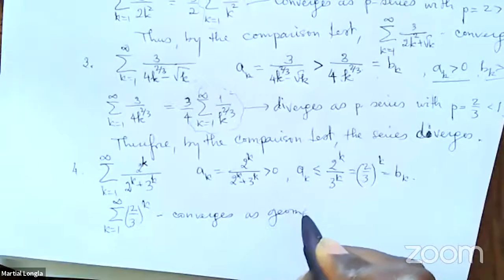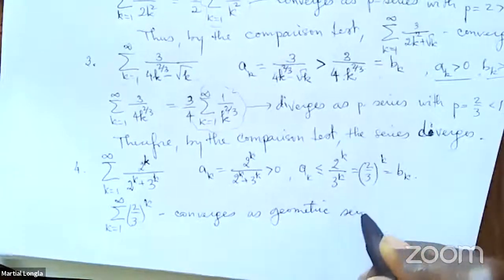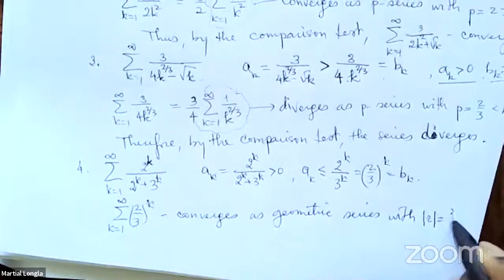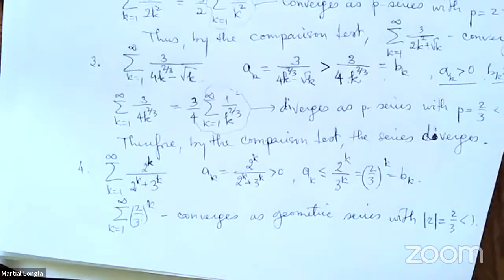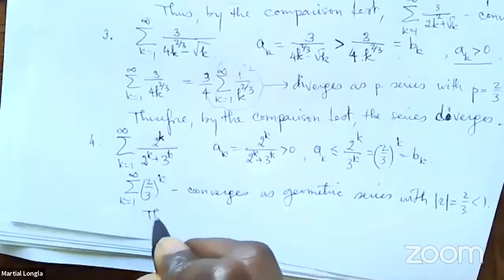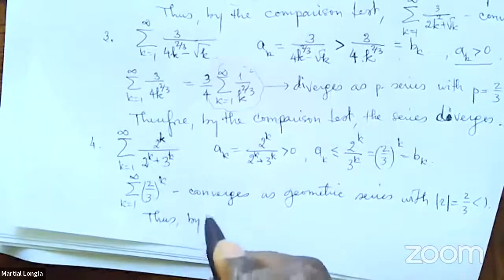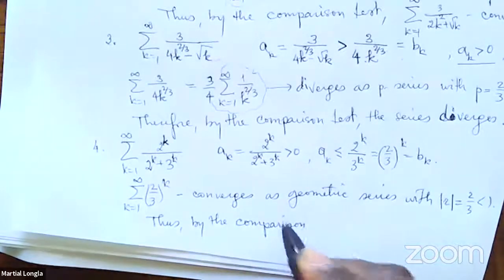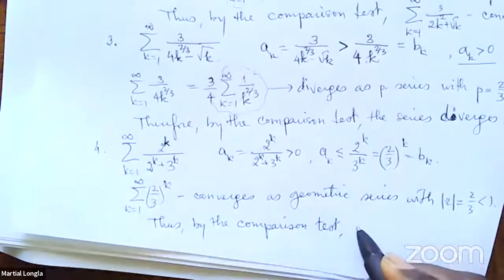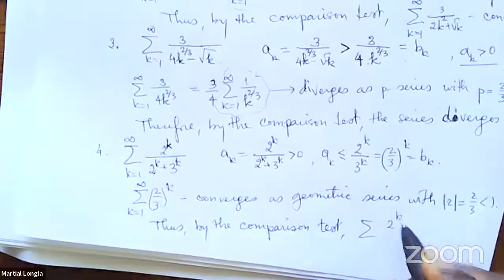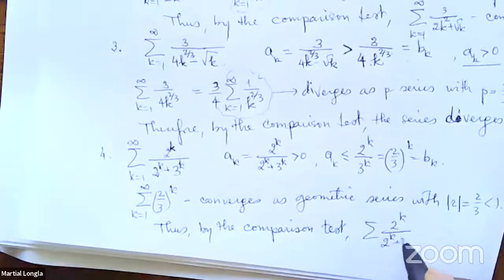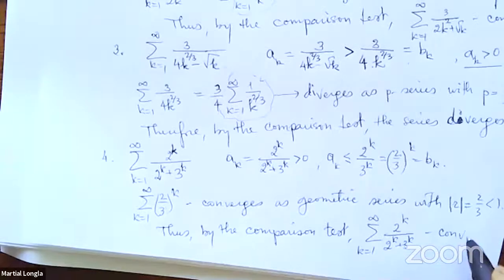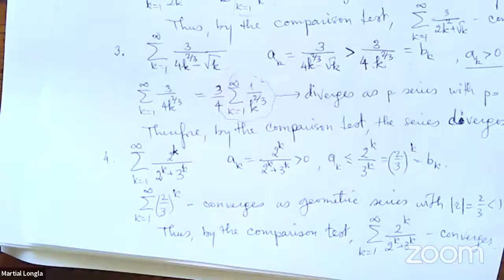Geometric series with absolute value of r equals 2/3 less than 1. Thus, by the comparison test, sum of 2 to the k over 2 to the k plus 3 to the k converges. That's it.